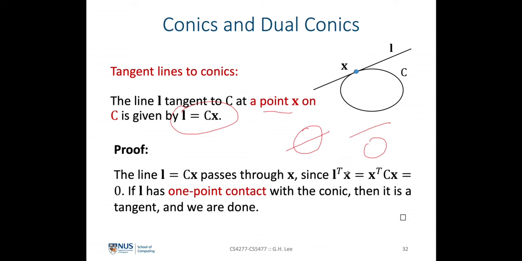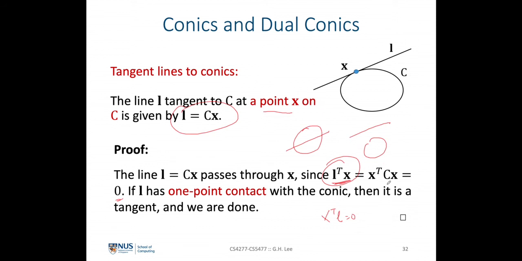Since L transpose x equals x transpose Cx equals 0. So L transpose x is what we have learned earlier. When the point x lies on the line L, then L transpose x, or by duality x transpose L, is going to be equal to 0. So in this case here, we are using L transpose x equals 0.